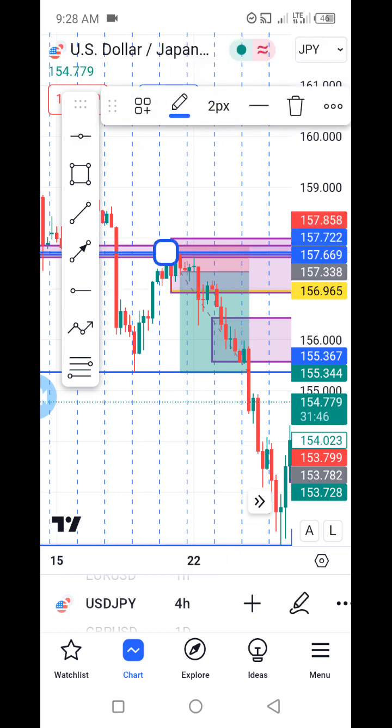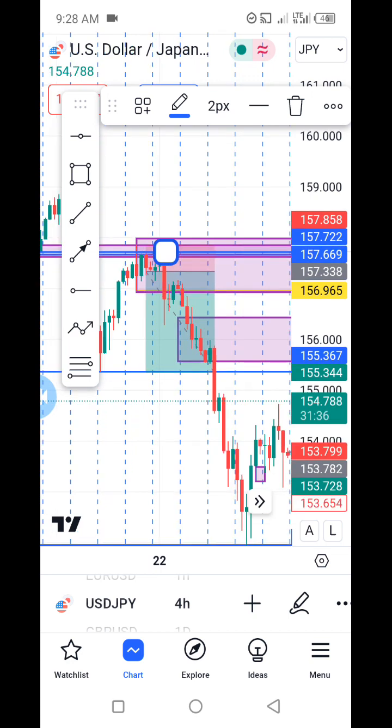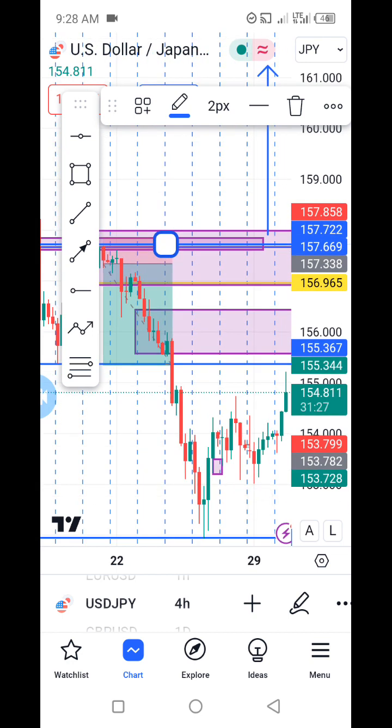So after doing this, now for you to be able to get your entry, it is when we now use this indicator or this tool called Fibonacci retracement. So we are going to be using Fibonacci retracement to get our entry points and to also know our take profits.